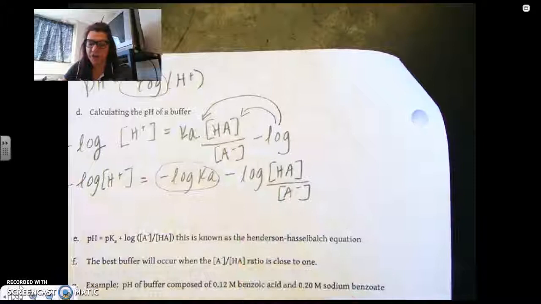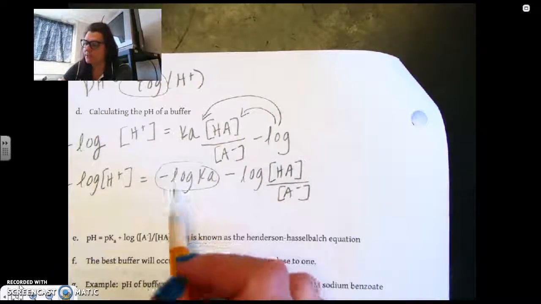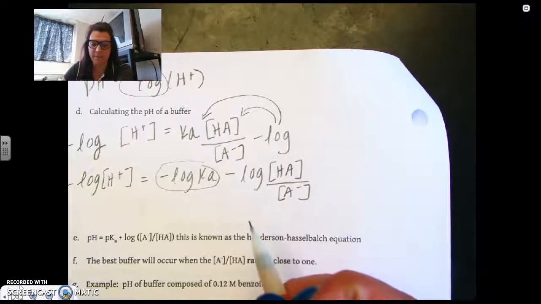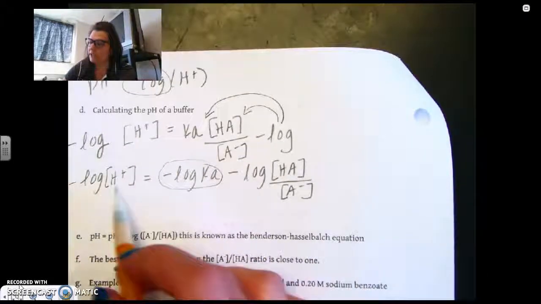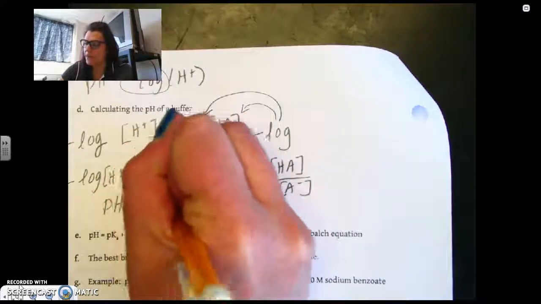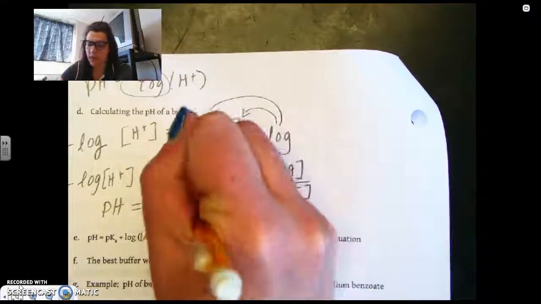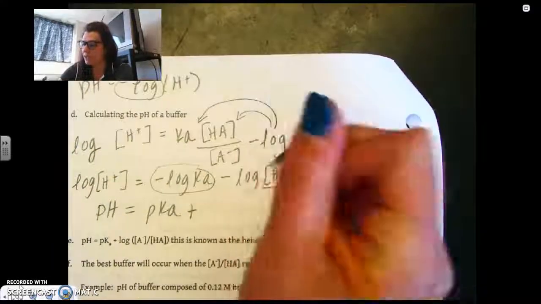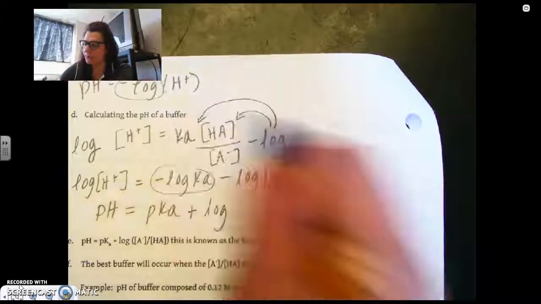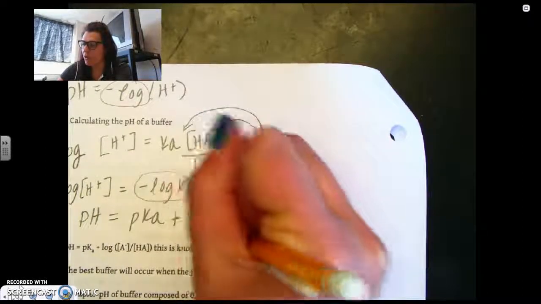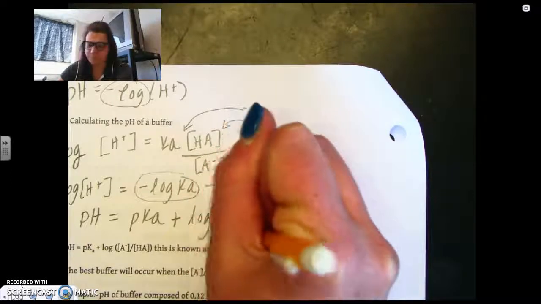Okay, so I'm going to get rid of these negatives and make them positive by flipping these. So I'm going to say that the pH is equal to the pKa plus the log of the conjugate base over the weak acid.